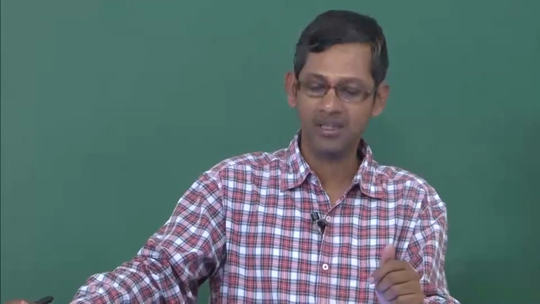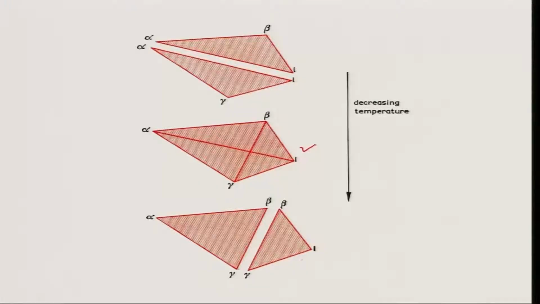What happens actually is that this ternary 4-phase equilibria is always preceded by 3-phase monovariant equilibria. One is alpha, beta and liquid, the second one is alpha, gamma and liquid. So, these two monovariant equilibria must exist prior to the 4-phase equilibria.